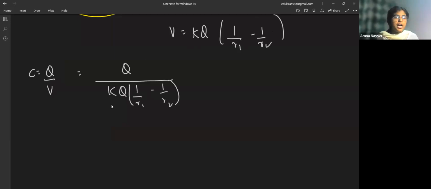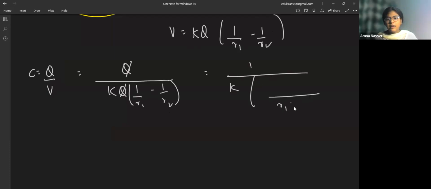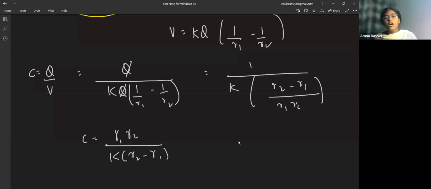See, charge gets cancelled. This is just the derivation. If we take the LCM over here, this becomes R1 into R2 on top and R2 minus R1 below. Your formula of capacitance for spheres becomes R1 R2 divided by K times (R2 minus R1).